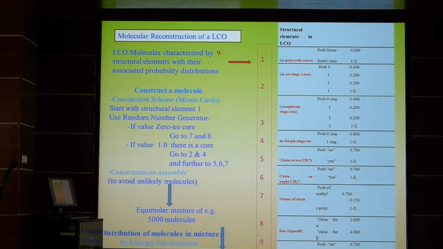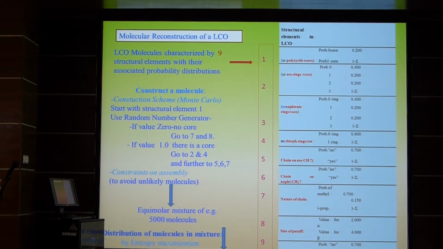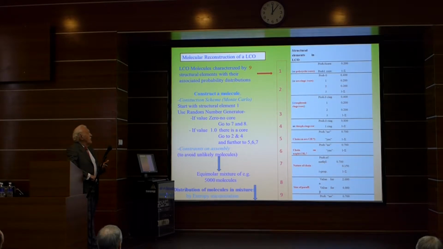For instance, in many cases we don't have yet the analysis in the details that I mentioned in the previous slide. Can we construct a composition of an LCO, for instance? Can we construct a composition that is plausible?